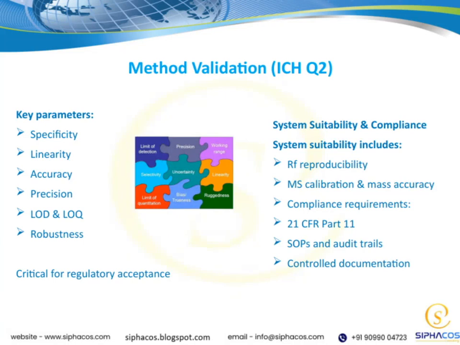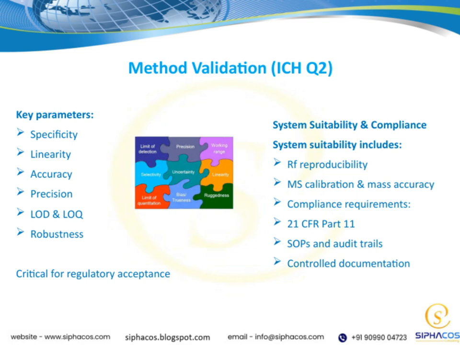Now, let's turn our attention to system suitability and compliance, which are fundamental to ensuring our analytical methods are both reliable and compliant with regulatory standards. System suitability encompasses several critical aspects, starting with Rf reproducibility, which ensures that our chromatographic separations are consistent across runs. Then there's MS calibration and mass accuracy, vital for precise identification and quantification of compounds.